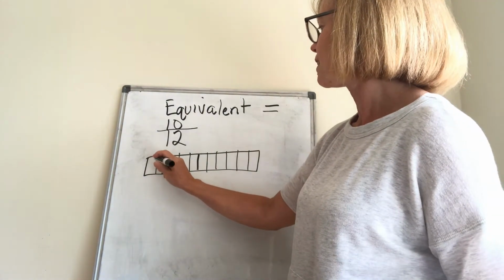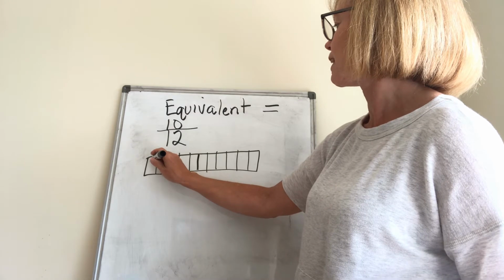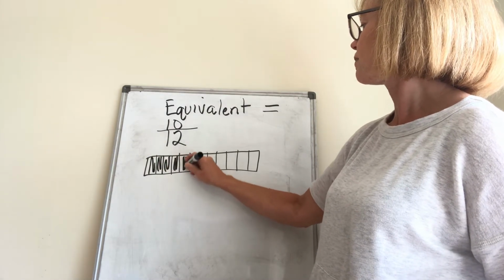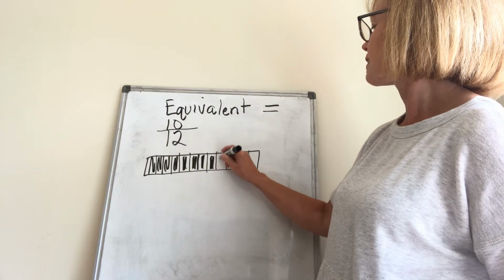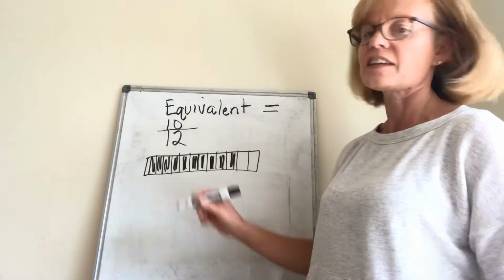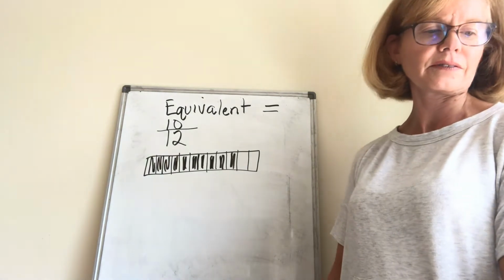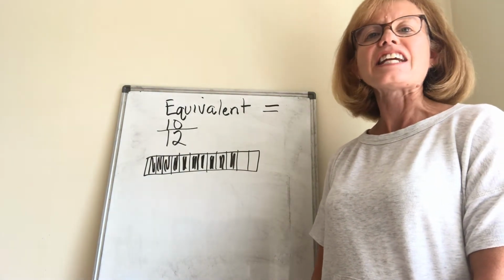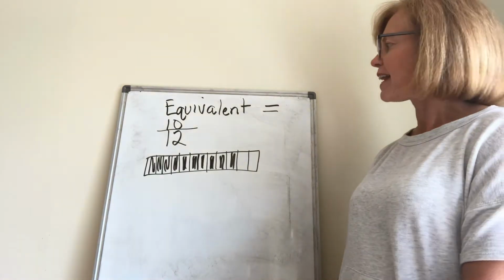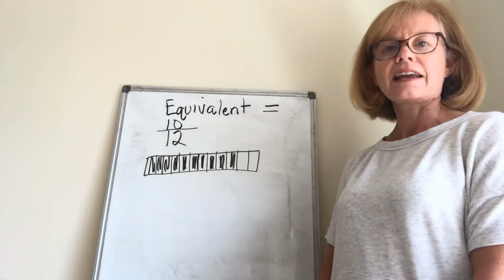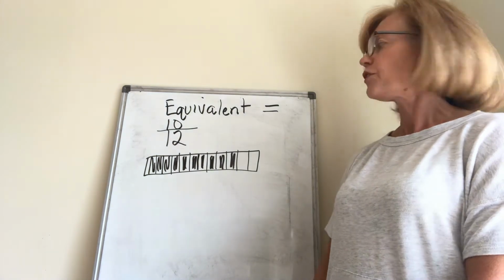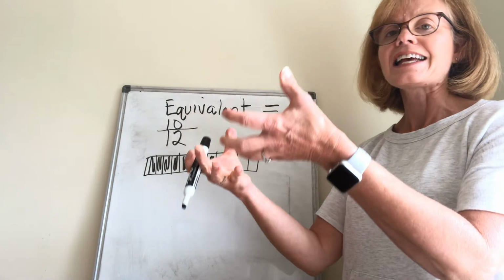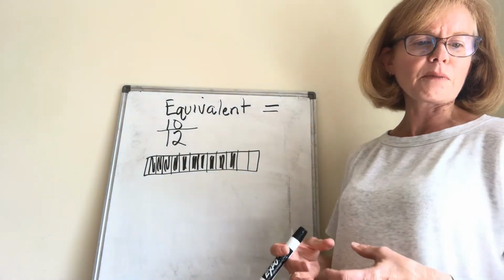So 10 of those 12 parts would look like 1, 2, 3, 4, 5, 6, 7, 8, 9, 10. This is a model of 10/12. But I want to find now an equivalent fraction that has a smaller numerator and denominator. So before we were looking for larger numerator and denominator, now we're looking for smaller.